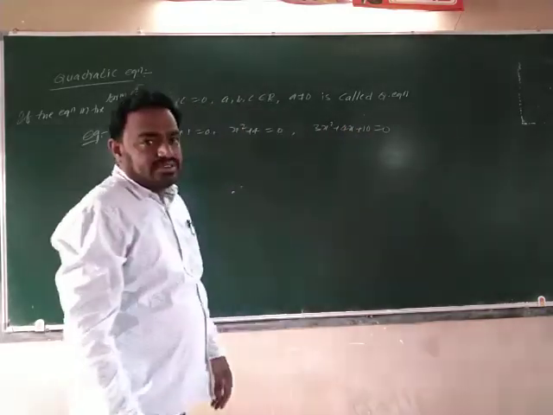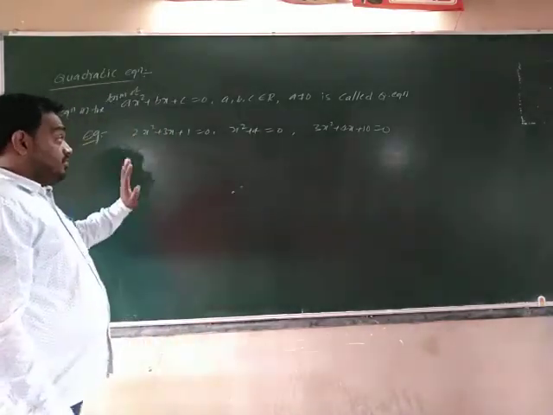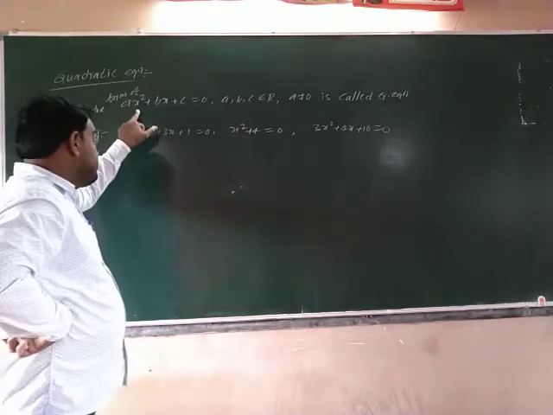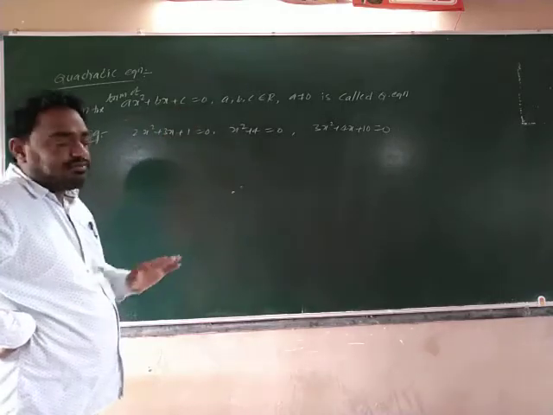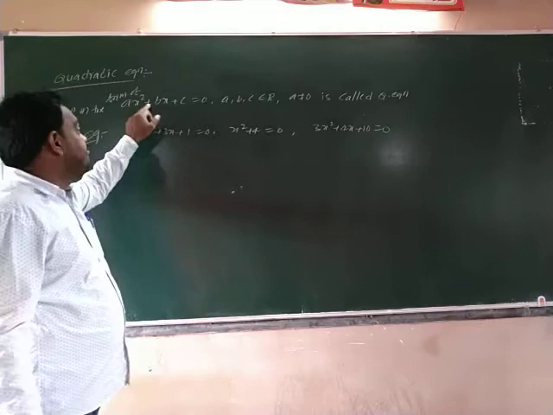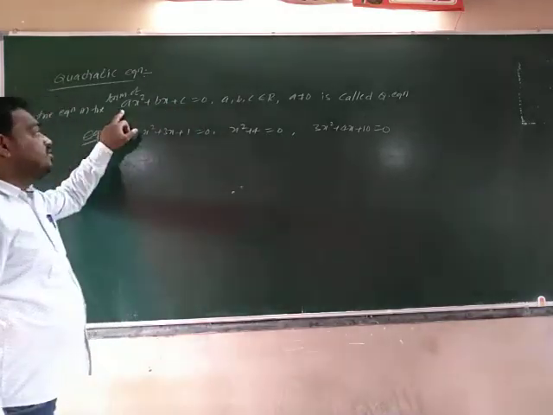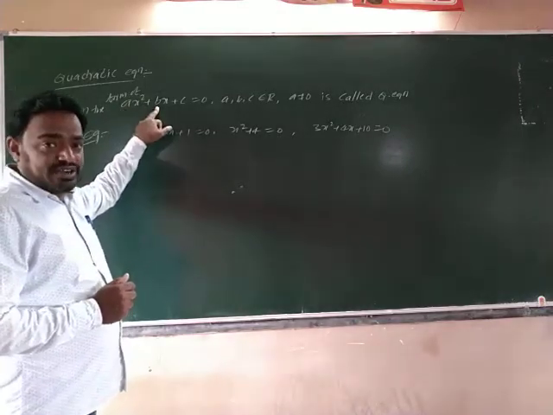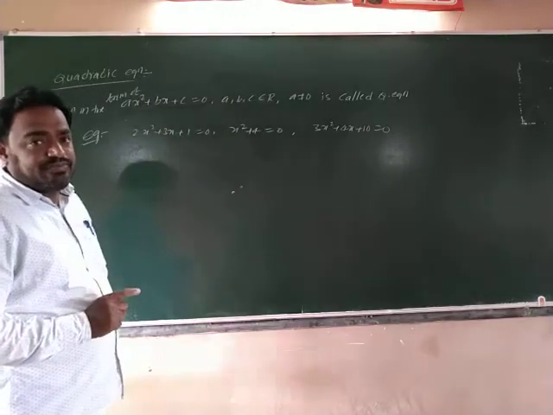These are examples of quadratic equations. Here ax square is the quadratic term, bx is the linear term, c is the constant. a is called the coefficient of x square, b is called the coefficient of x, c is the constant. You have to remember this.